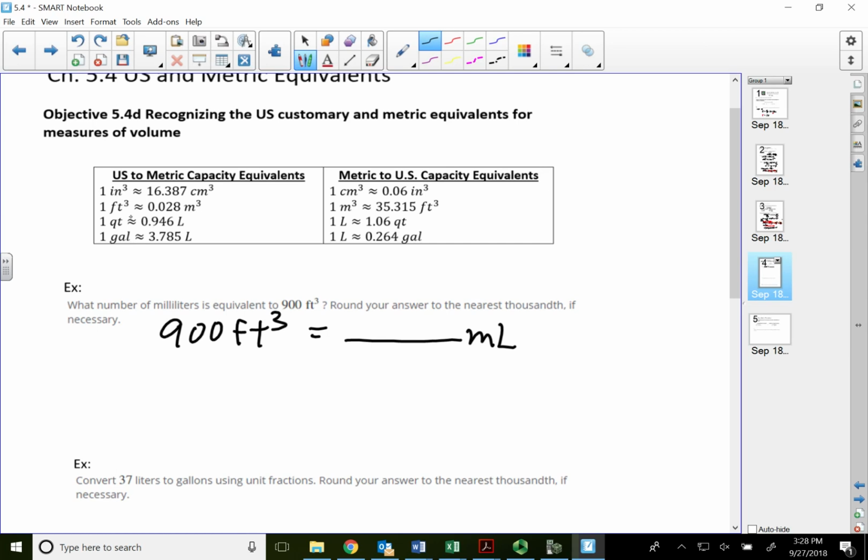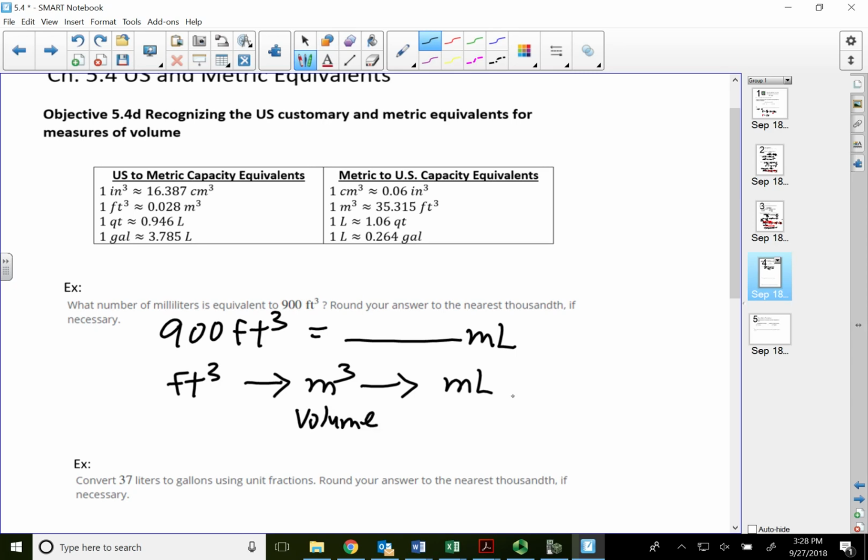This is weird. This cubic feet will take me to cubic meter. So how do I go from cubic meter to milliliter? Well, let's look on our formula sheet, because if you look at cubic meter, when you say the word cube, that's volume.